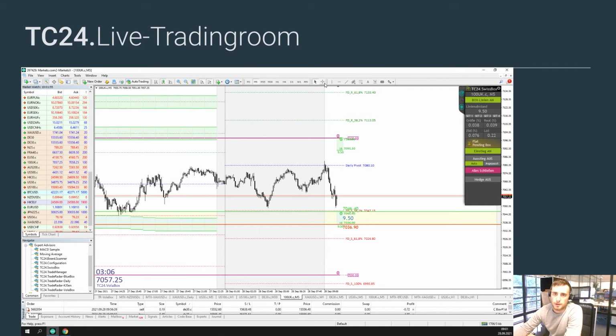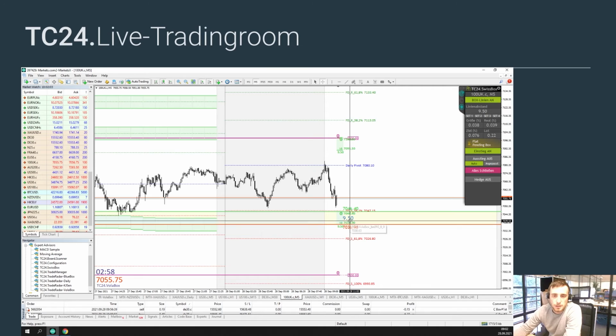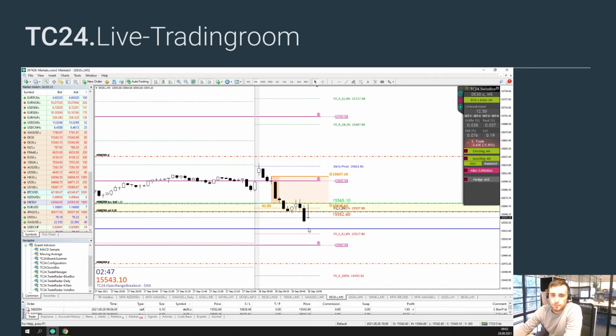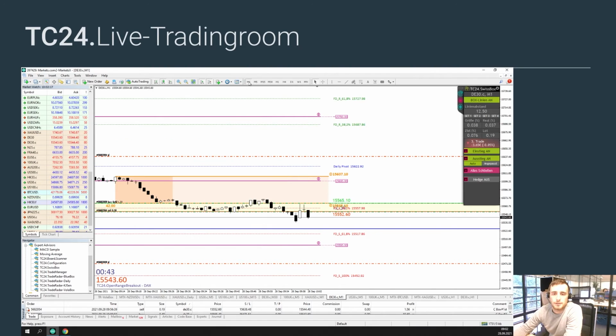So as soon as the market falls down and falls into the box, the two pending orders will be activated and then the market will be trapped inside. So depending on which direction the market goes will be the direction that we are trading. Market coming back down now in the DAX.